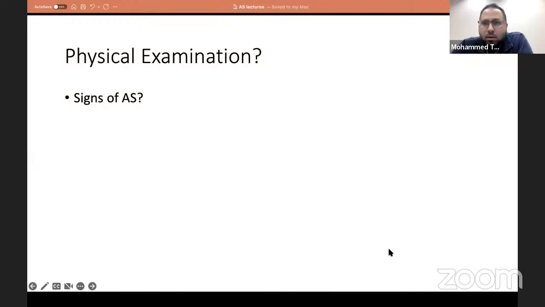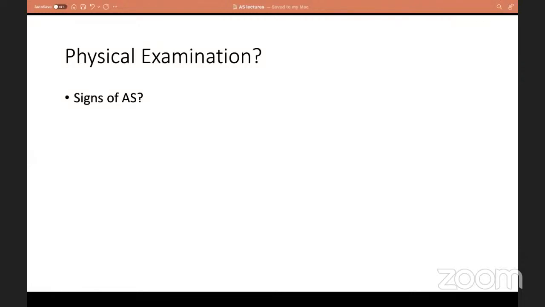Faisal Al-Ghamdi, R5. Faisal, what are the signs of aortic stenosis when you examine your patient? Depends on their clinical status. If they have already become symptomatic, they will have the obvious signs of heart failure. I would look for that. And there are more subtle signs clinically.